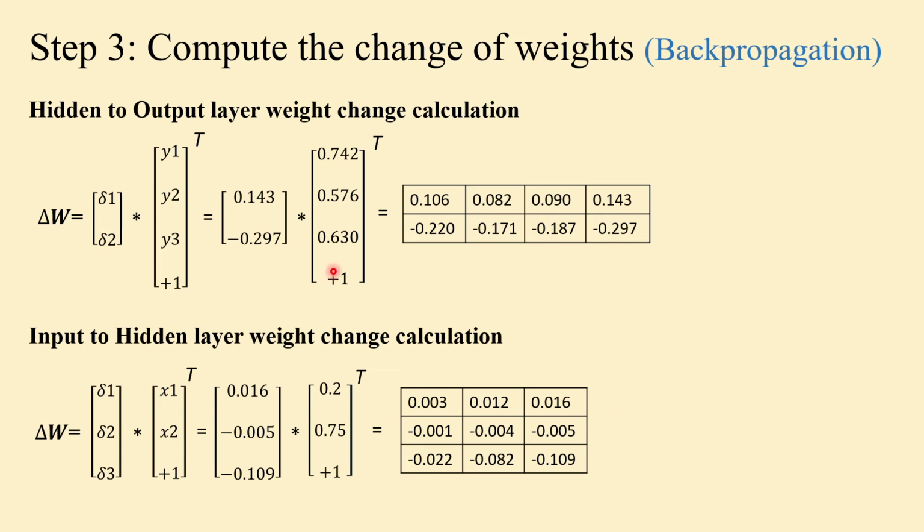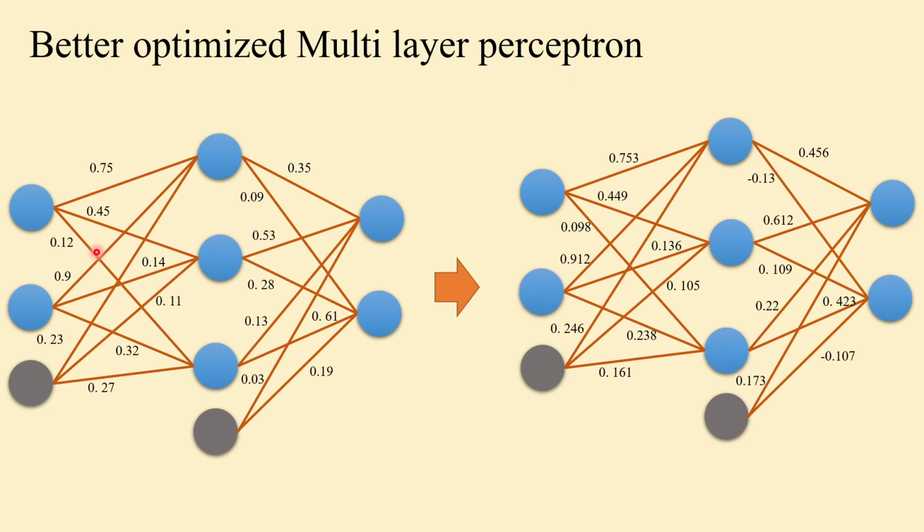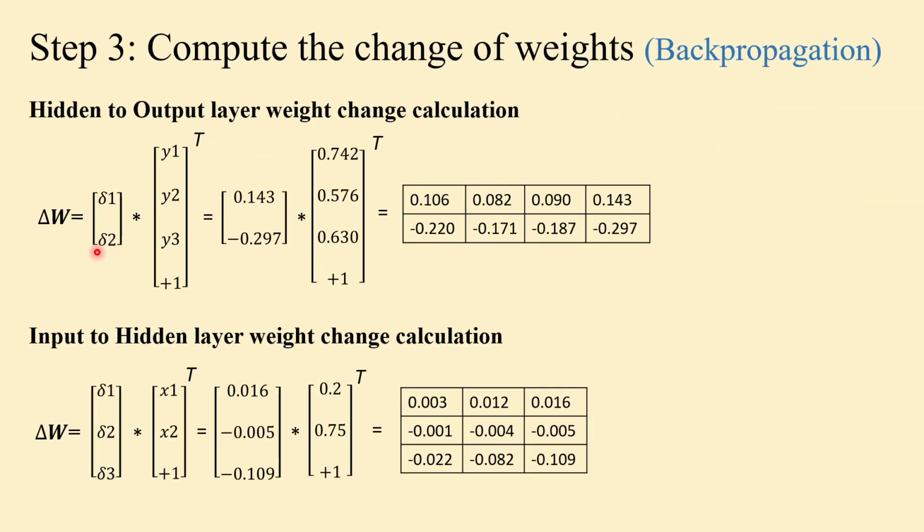Okay, we are computing this change of weights, delta w. But by the way, there was a very simple mistake: I should multiply with a scalar value that represents eta.